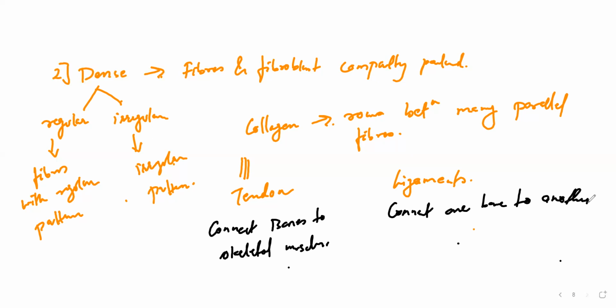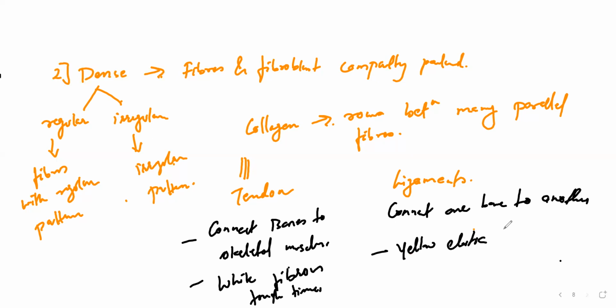So the tendons are made up of white, fibrous, tough tissue, whereas ligaments will be made up of yellow, elastic, collagen fibers.